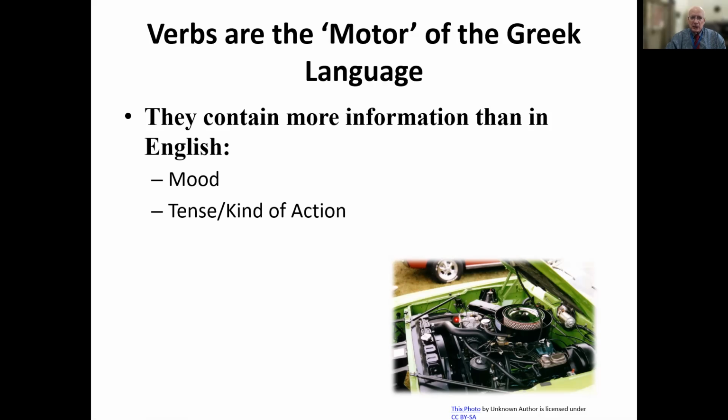Usually the present tense has a kind of imperfect, what we call imperfective. In other words, it's not completed. It is continuing, continuous action. Whereas the aorist tense has with it the idea of a completed action.